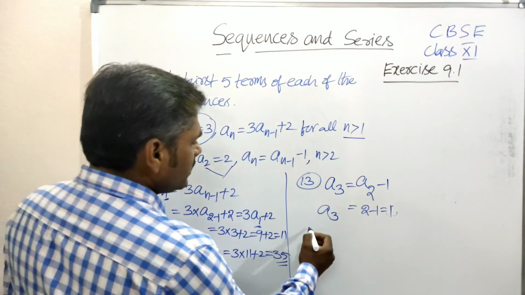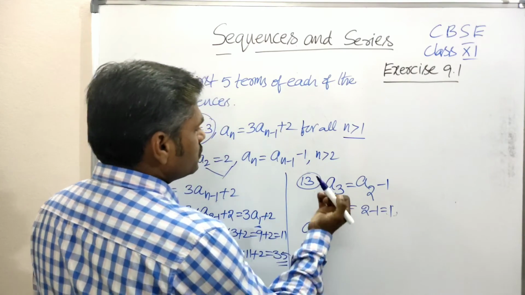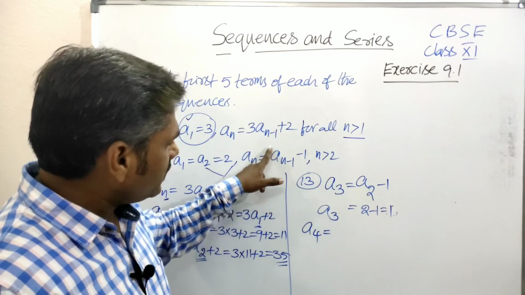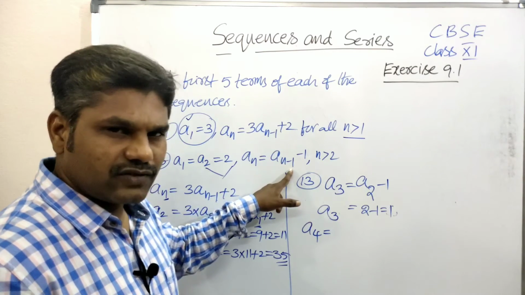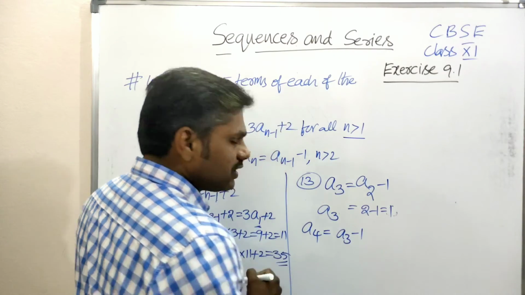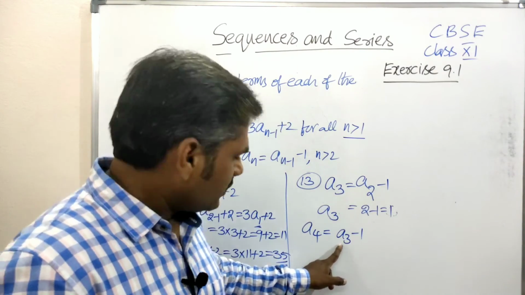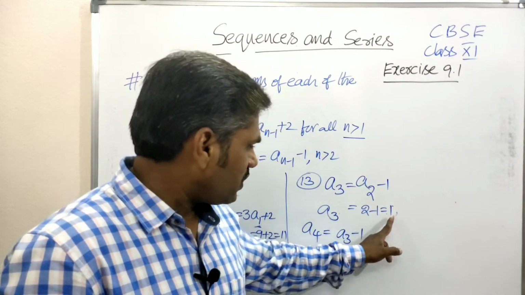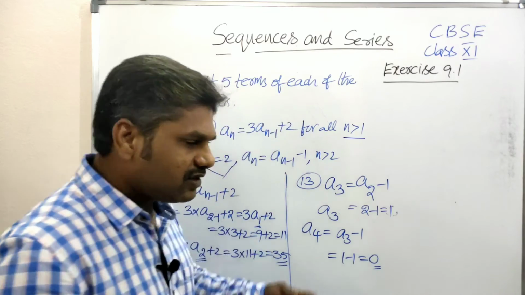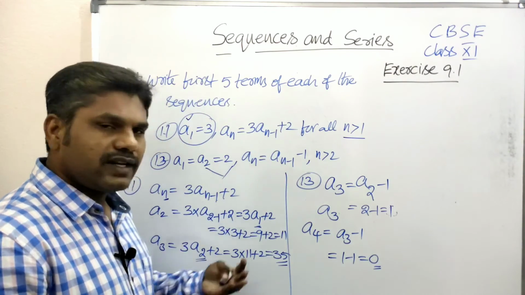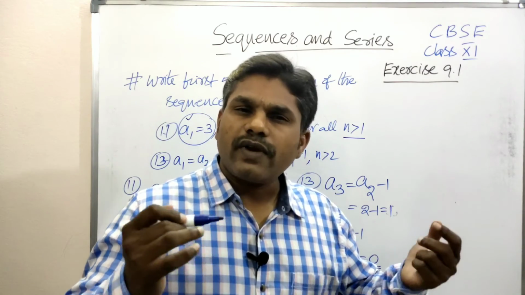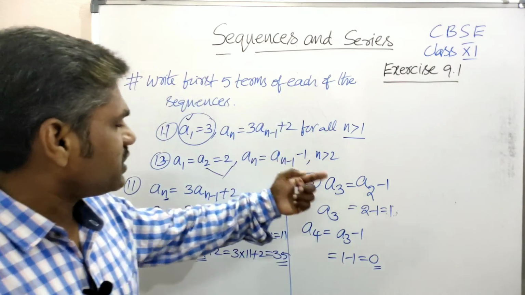Now if you want to find a4, in the nth term you are putting n is equals to 4, therefore a4 is a(4 minus 1) minus 1, which is a3 minus 1. a3 means the third term, which is already calculated as 1, therefore it will become 1 minus 1, that is 0. In this way you may calculate the next term also, then there will be the first 5 terms of the given sequence whose nth term is given.